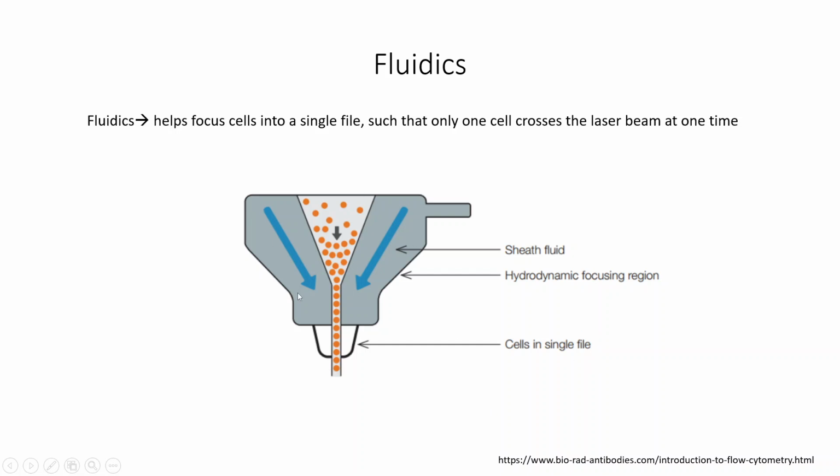So you have the sheath fluid, as I mentioned, that's flowing very rapidly, and you have the sample over here. And this sheath fluid flows in this direction and performs what is called hydrodynamic focusing. So what does that do? It presses in on your sample and creates a single cell file. And that makes the cells go in one by one in this fashion.